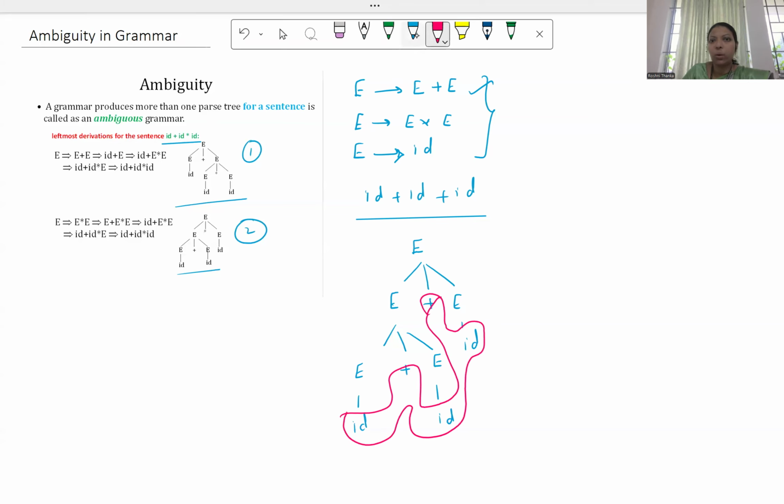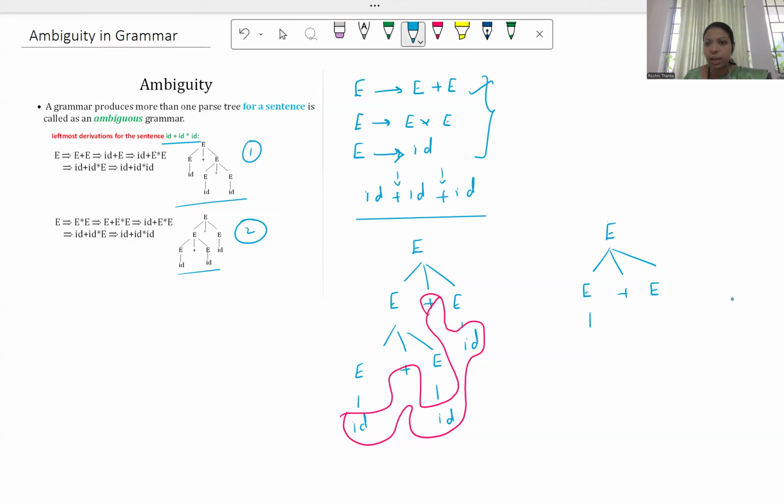The same thing you can also do through another parse tree. Here, I'm going to use another parse tree to derive the same output string. Look at this. Again, I'm saying E plus E, because all operators here are plus only.